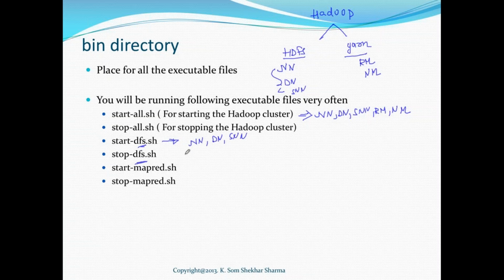When you say stop-dfs, it will stop these three processes. We will not talk about start-mapred because now you don't have MapRed. You have start-yarn.sh, which will start these two processes, resource manager and node manager. And when you say stop-yarn, it will stop the resource manager and the node manager process.